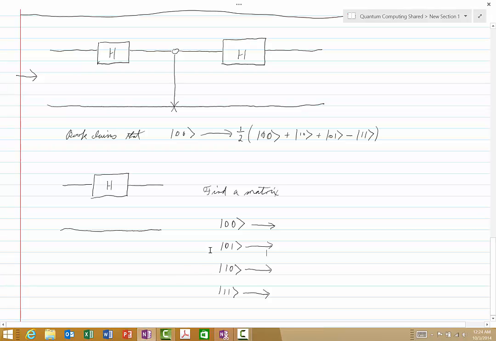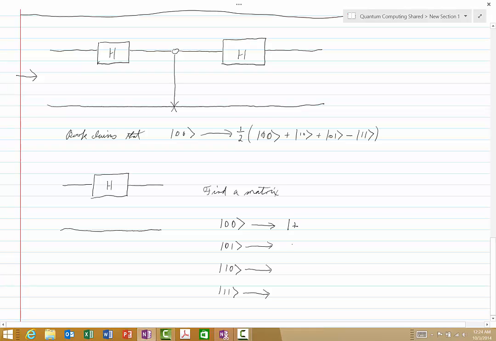And remember, the first thing we can observe is that in each case, the second qubit is unchanged, because we just have a line here for the second qubit. It's only the first qubit that will be changed by this part of the circuit, and it will be changed in accordance with the Hadamard transformation. So this 0 here, remember the Hadamard transformation takes the 0 ket to the plus ket.